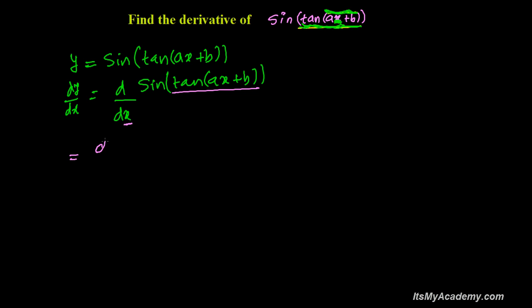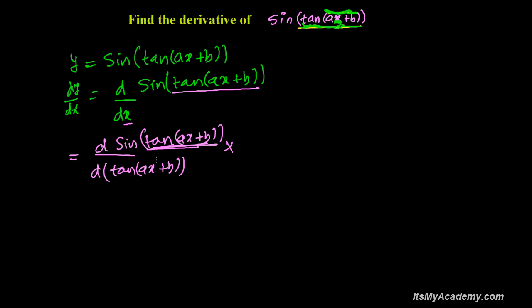Alright, so derivative of sine tan ax plus b with respect to tan ax plus b. Here I mean to say this is the angle of the sine, that's why I differentiate with respect to the angle of the sine. Since I have divided by this, I need to multiply it here also.